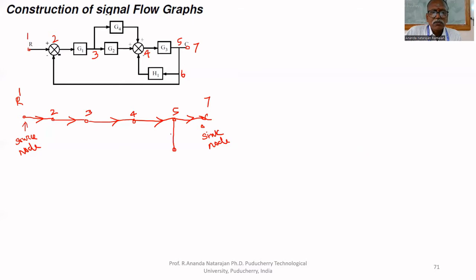That's why 5 to 6. Then 6 to 4, in this direction. 6 to 2 also the same direction. Feedback direction. And 3 to 4, one direction, 3 to 4.